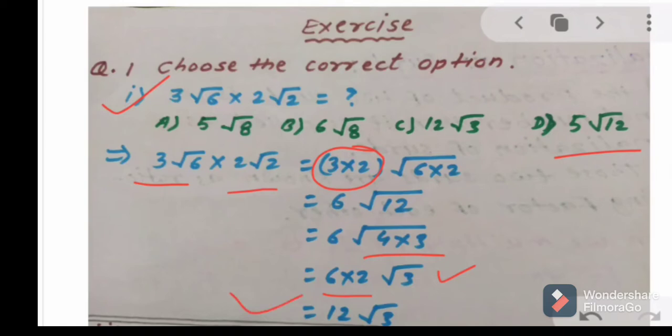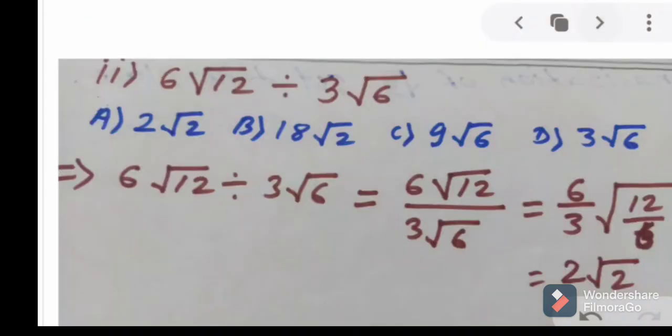3 root 6 into 2 root 2. 3 and 2 are taken in the first bracket and 6 and 2 are taken under the radicand sign. 3 twos are 6 and 6 twos are 12. So what happens? 6 into under root 12. But 12 is factorized as 4 into 3.